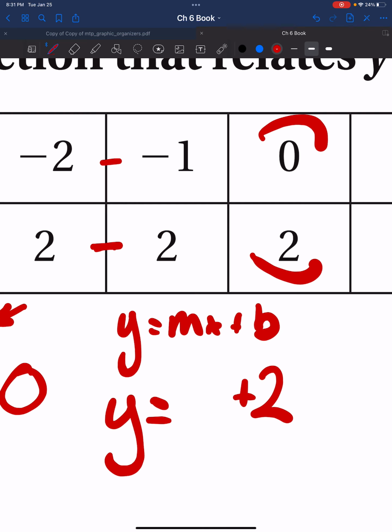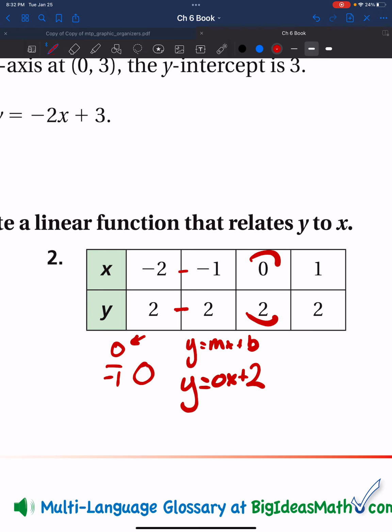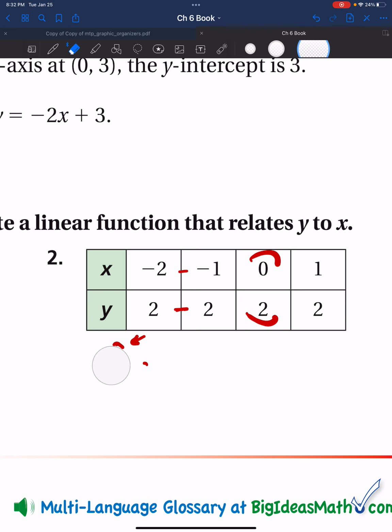So if the slope is 0, what kind of a line is that? If I had a ramp and I said it had no slope, what kind of a ramp is that? A flat one? Sidewalk. Sidewalk, yeah, exactly.